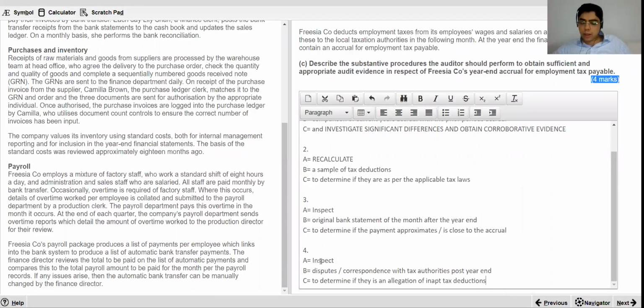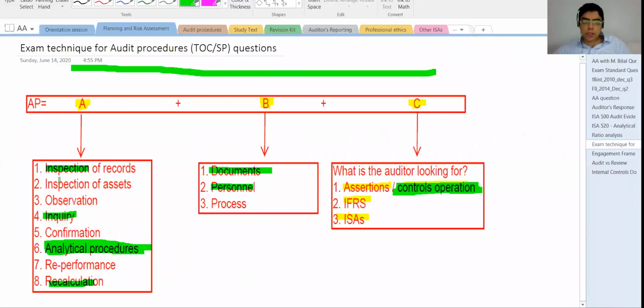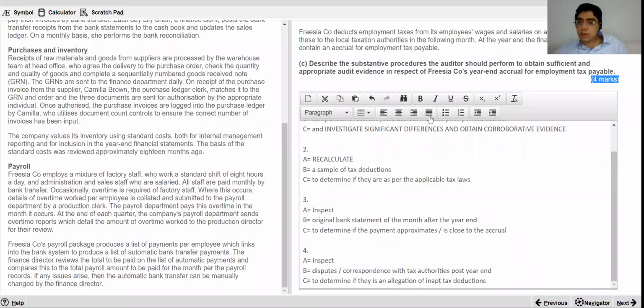So you see, in all your procedures, you have an A, you have a B, and you have a C. Now, what is C? Assertion. So we're trying to determine if the accrual, the value of the accrual is appropriate, if it exists, if it is complete. So you could even perform tests on the completeness of the accruals.